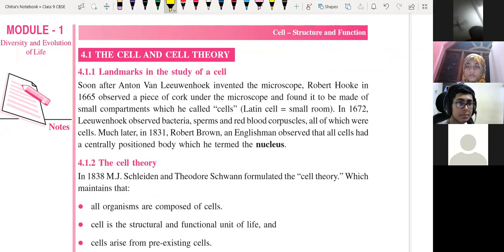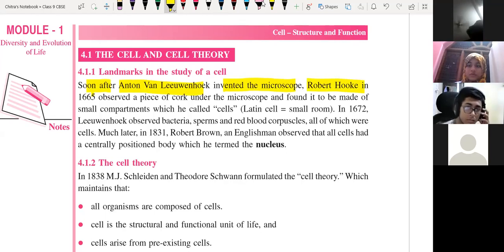So let's start. Soon after Anton van Leeuwenhoek invented the microscope, Robert Hooke in 1665 was the first who described the cell. He observed a piece of cork under his self-designed microscope and found it made of small compartments like those present in a honeycomb.